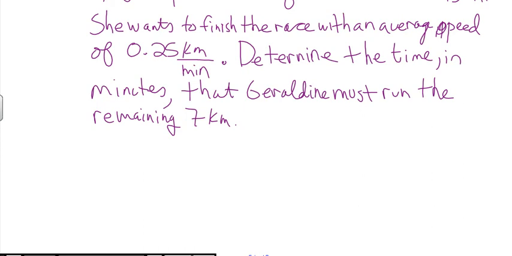Okay, so to solve this problem, we're going to do this kind of systematically, right? We're going to say there's some stuff we need to know, so we want to set up a solution in a particular way.